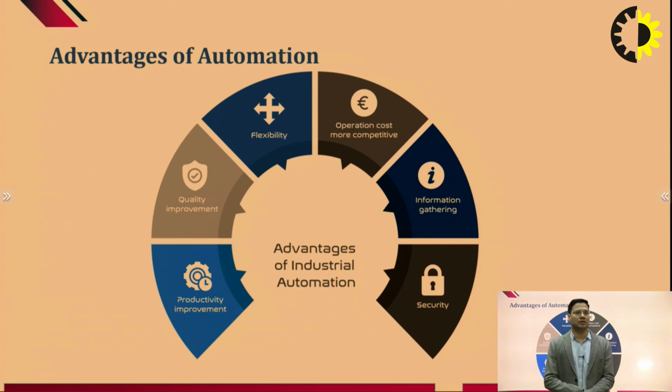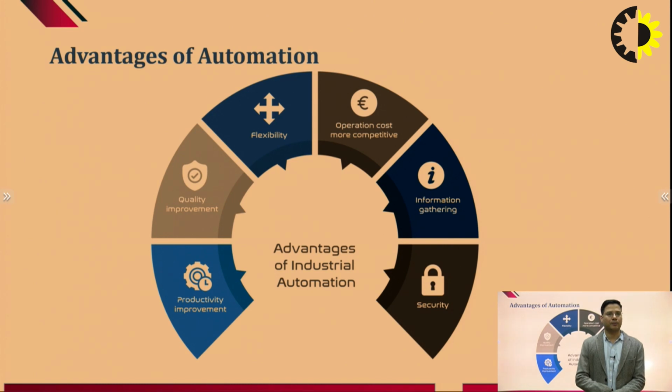Okay. So summarizing the advantages of all the technologies which we use to implement automation: when we are using automation, the productivity of a product or the machine is improved. Since the productivity is improved and we are using more sophisticated machines, the quality of a particular product also gets improved.